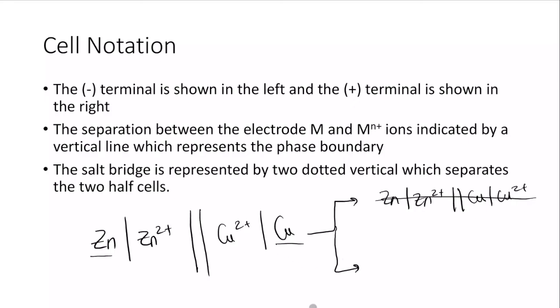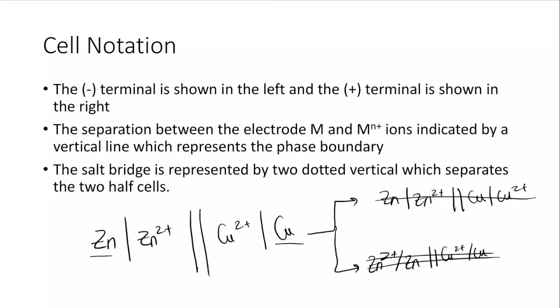Some could make another mistake: they could merge things up and get confused with the redox couple. So they could write Zn2+, Zn, Cu2+, Cu. Also wrong, because this is another way to represent things.